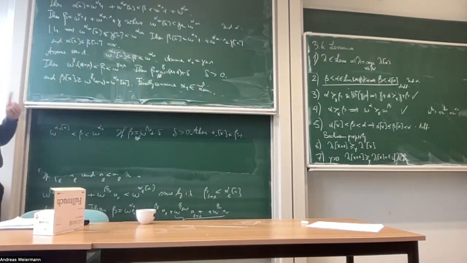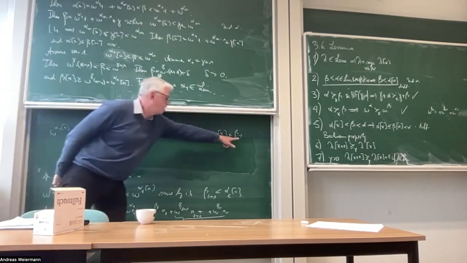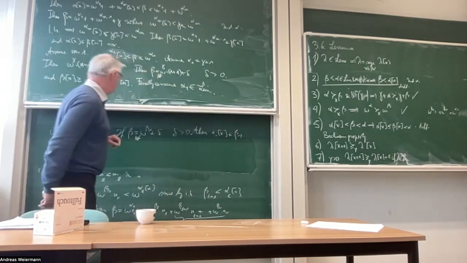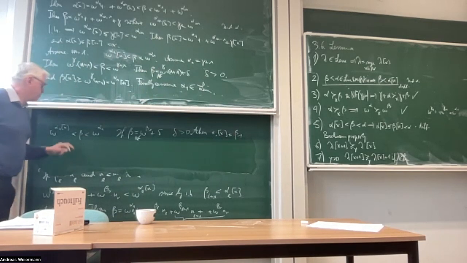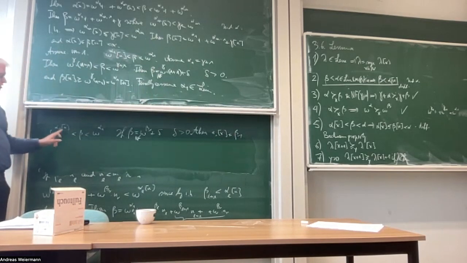Because otherwise, if beta 1 is strictly smaller than this one, then the whole term would be strictly smaller than this one, because this one is closed under addition.